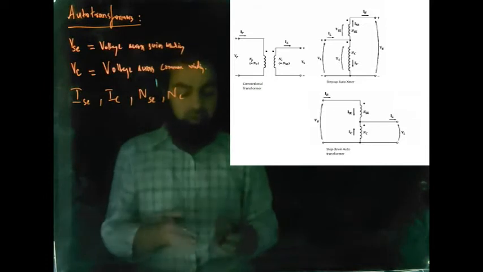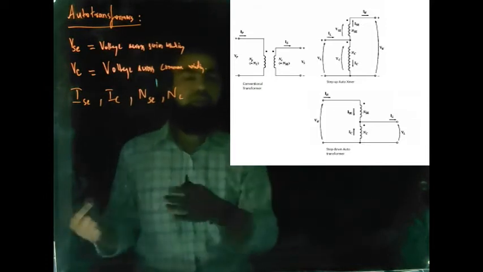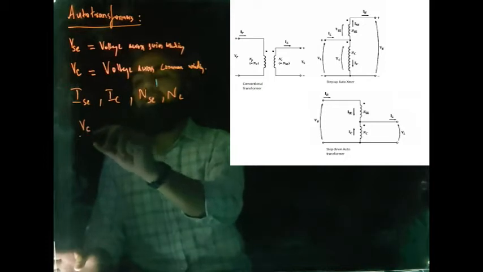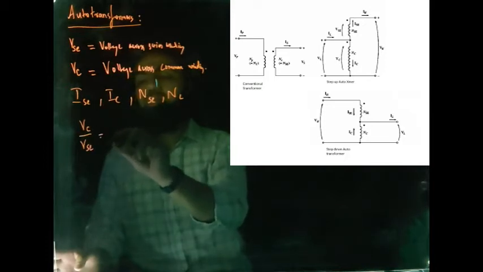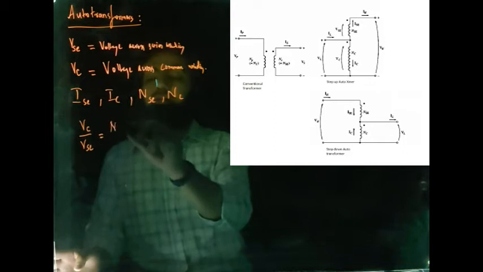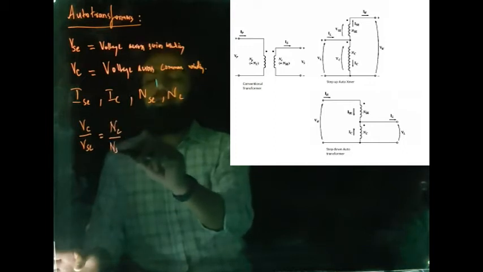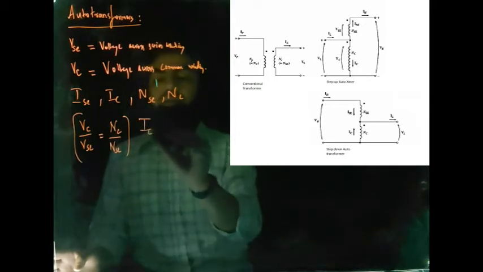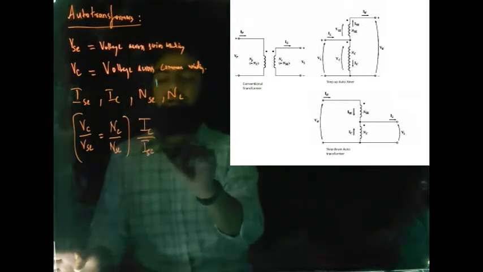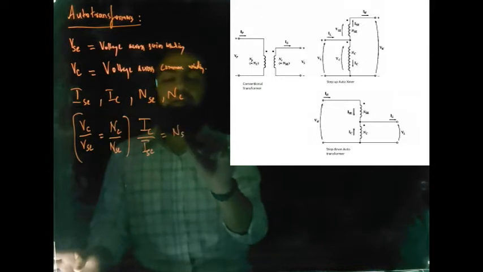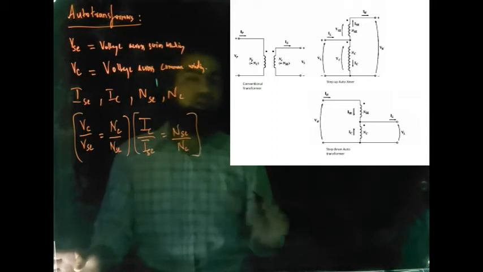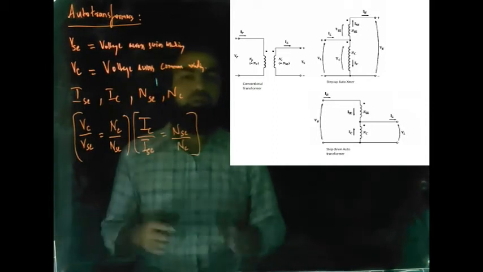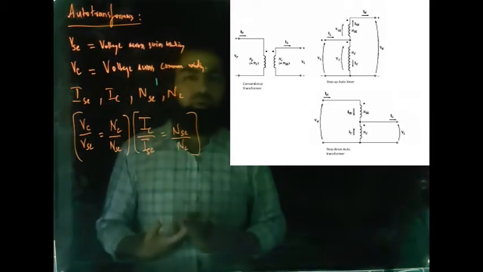As if these two windings were separate, we would know that VC divided by VSC is equal to NC divided by NSC. This equation is valid for the auto transformer as well. Similarly, IC divided by ISC is equal to NSC divided by NC. We know these two equations from the conventional transformer, and they are also valid for the auto transformer.